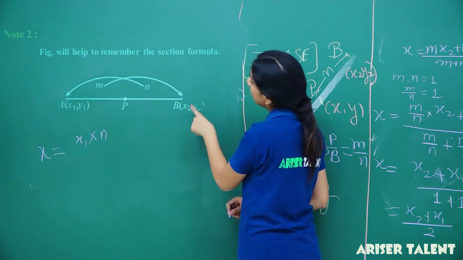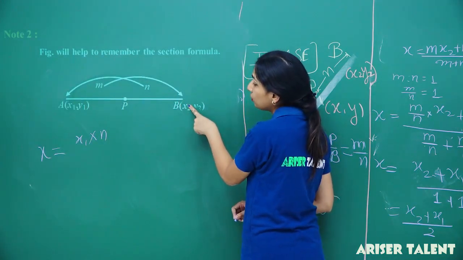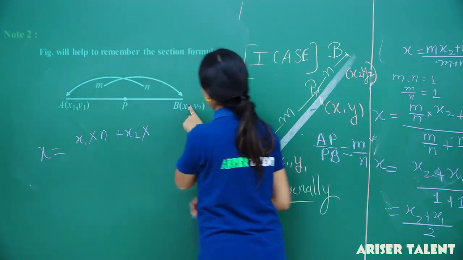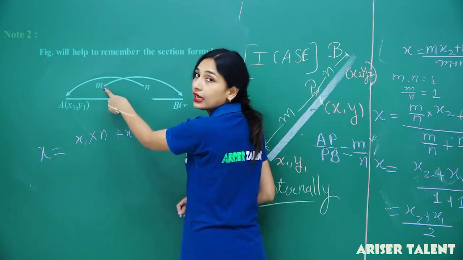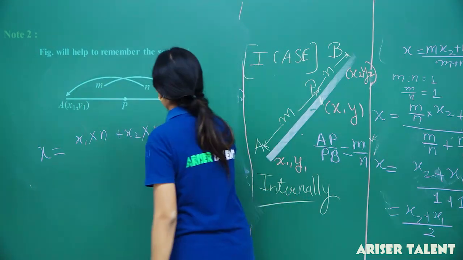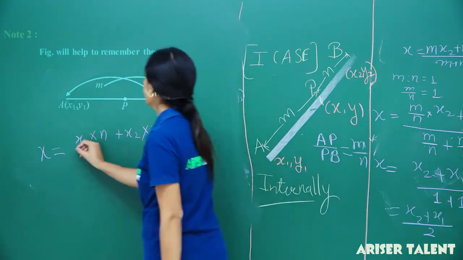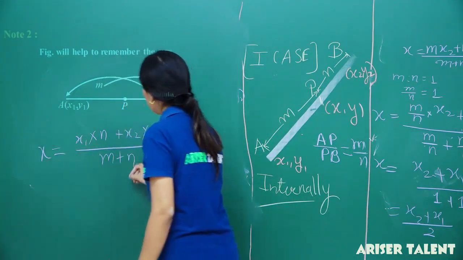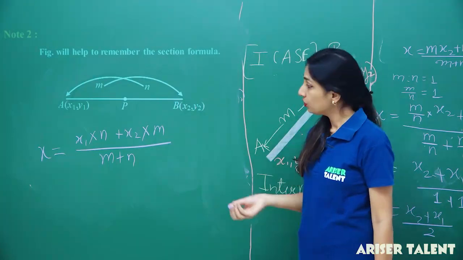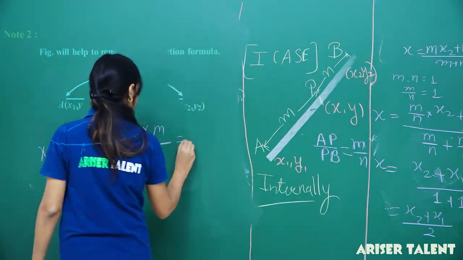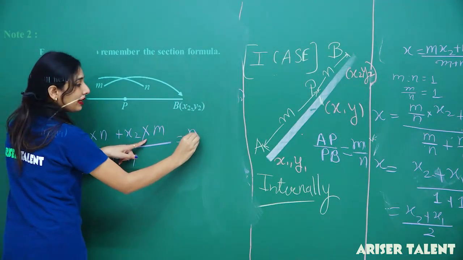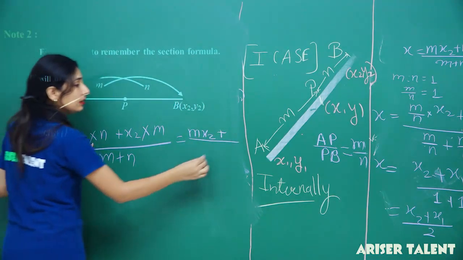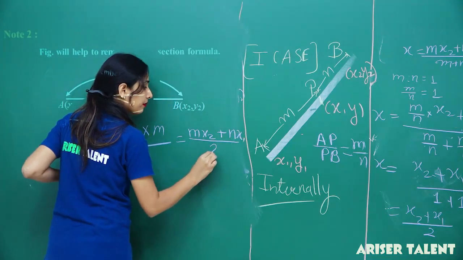Now come this side, X2, plus X2 multiplied by M, it joins with N, so M. Now in the denominator we all know that will be M plus N. So if you reform it, that will be MX2 plus NX1 by 2.